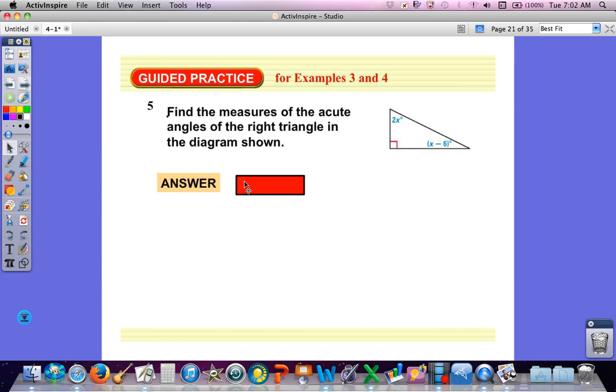And number 5, we're going to do this one in class. Since there's no way to set it up there, since that's the corollary, you're going to do 2X plus X minus 6 equals 90 and solve.